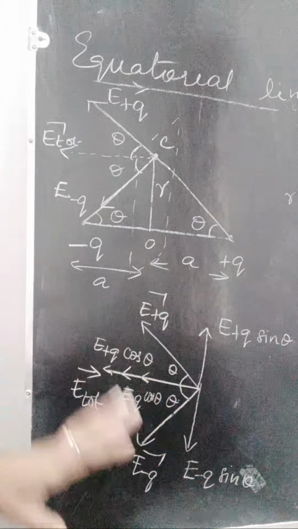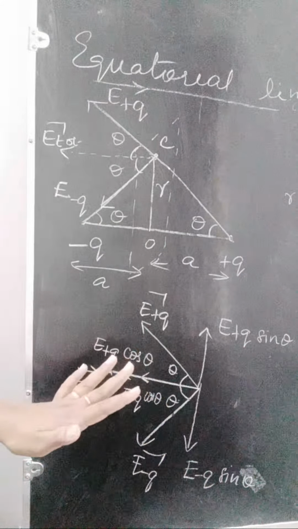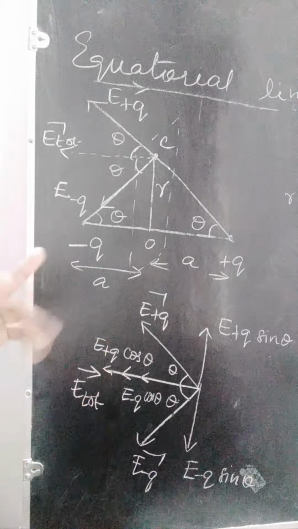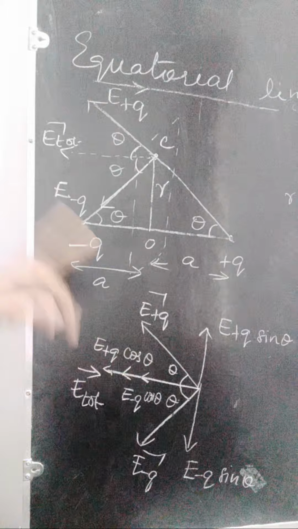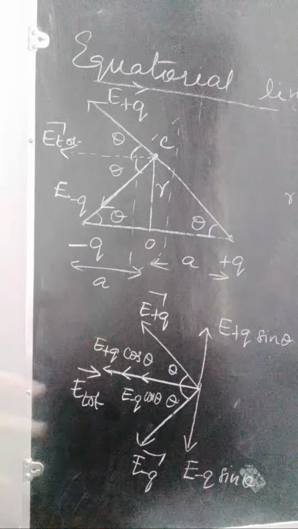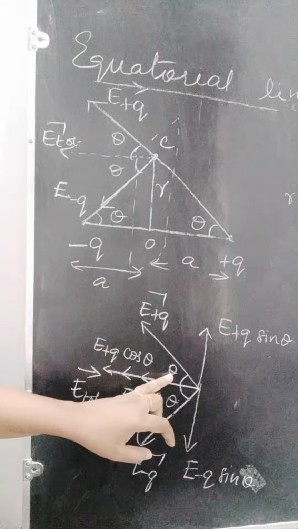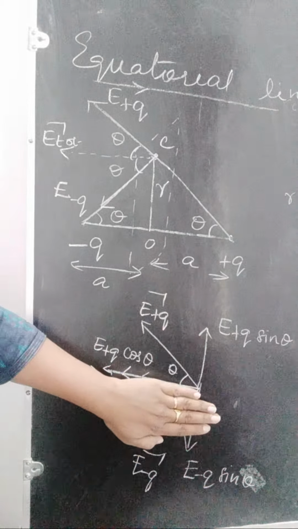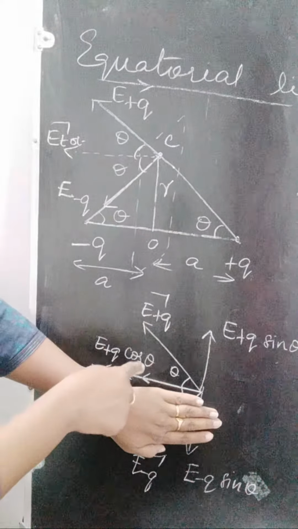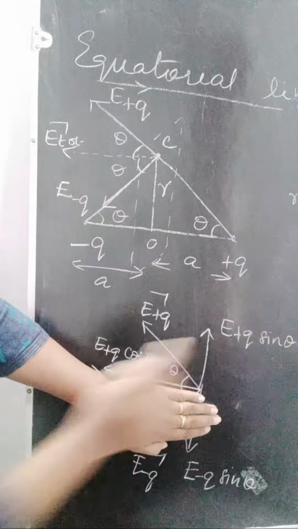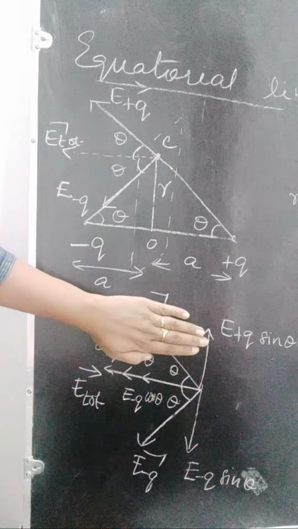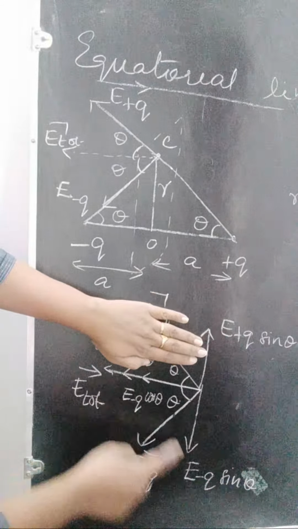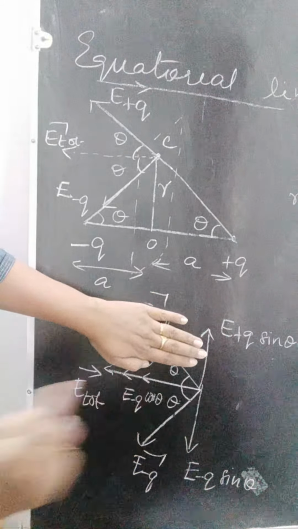Whenever a vector is making an angle theta, I should remember the free body diagram, because it will get divided into two components, a cos theta component and a sin theta component. Towards theta, forget the other vector: E plus Q cos theta, E plus Q sin theta. Now forget E plus Q: E minus Q along theta is E minus Q cos theta, opposite is E minus Q sin theta. Okay.